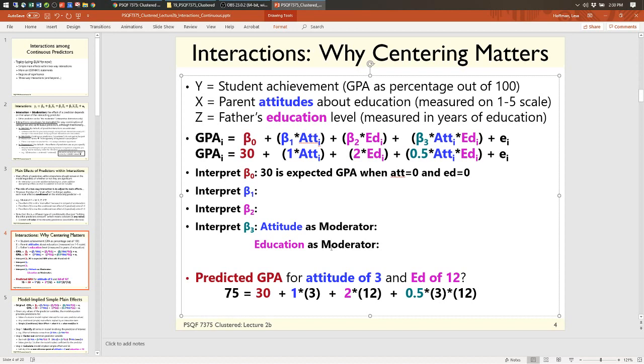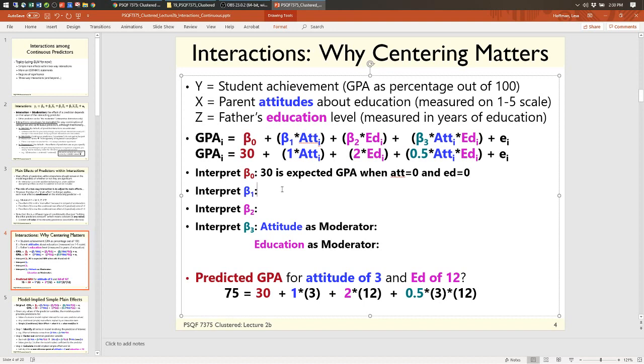Do you think there's anybody in my study like that? I'll give you father with no education. That can happen. But literally a 0 on a 1 to 5 scale cannot happen. So 30, while being correct from a mathematical standpoint, is not a helpful estimate. It doesn't refer to anything. It's not a good "you are here" sign.